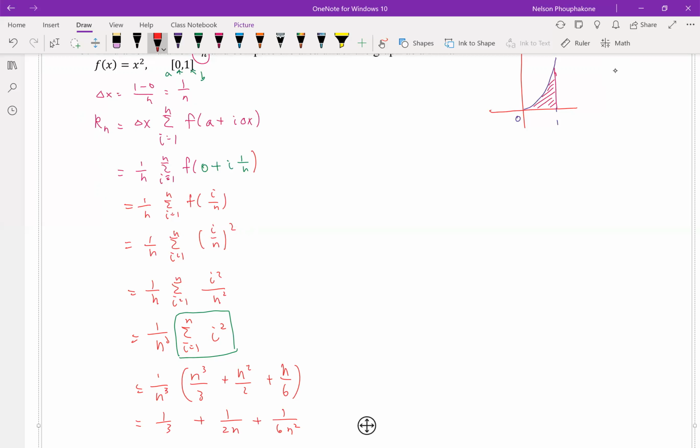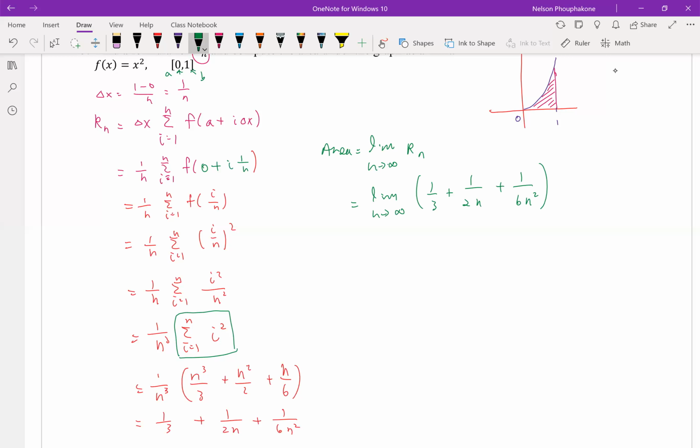Then now, my R sub n, okay, so the area is the limit as n goes to infinity of R sub n. Again, we know that these both go to 0, right? So my answer in this case is 1/3.